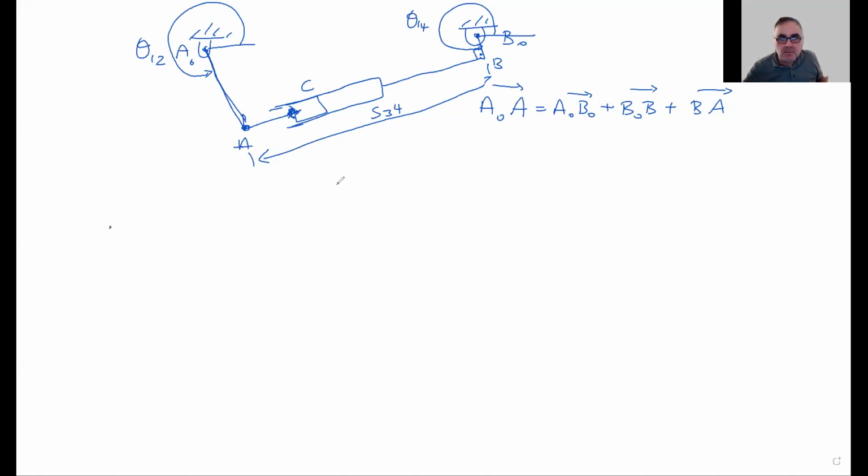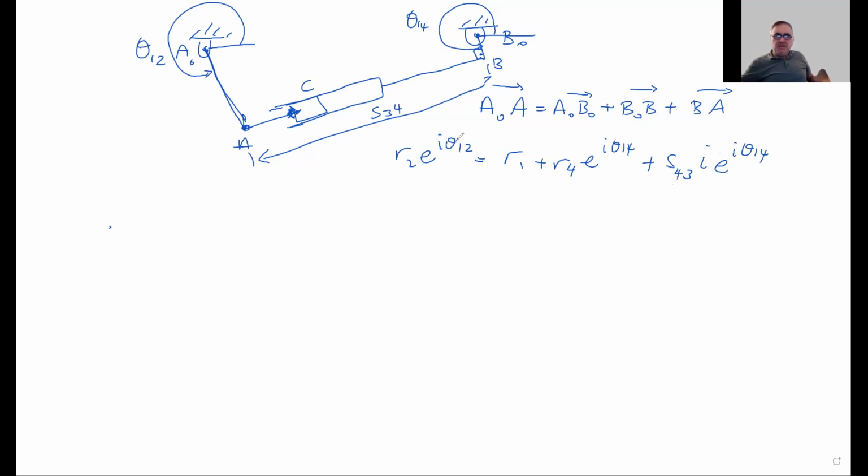So we have R2 e to the i theta 1,2 is equal to R1 plus R4 e to the i theta 1,4 plus S4,3 i e to the i theta 1,4. This is the last thing we had written.